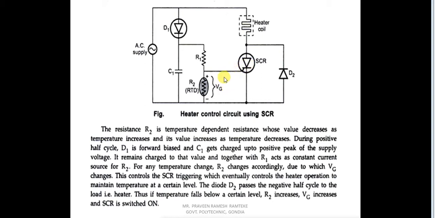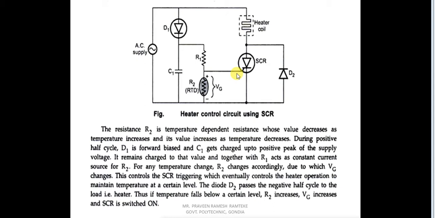Means depending upon the value of the resistance, the required current or voltage will appear across the gate terminal of the SCR. During the positive half cycle, when the SCR is forward biased and the triggering pulses are applied to the gate terminal, the SCR is triggered.